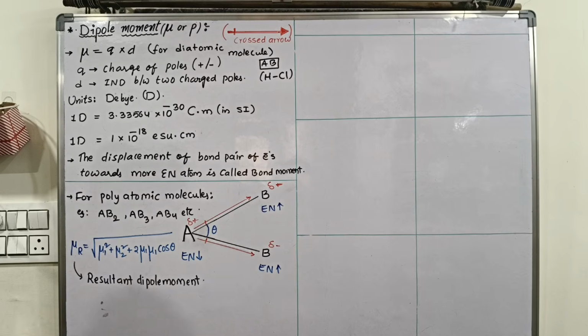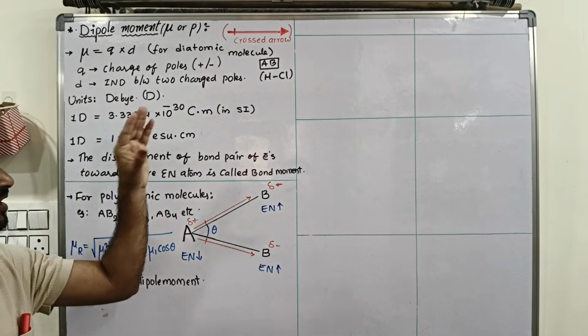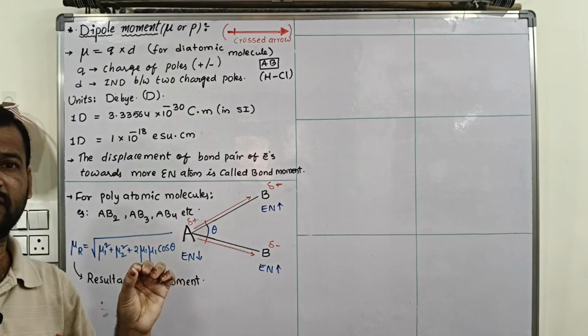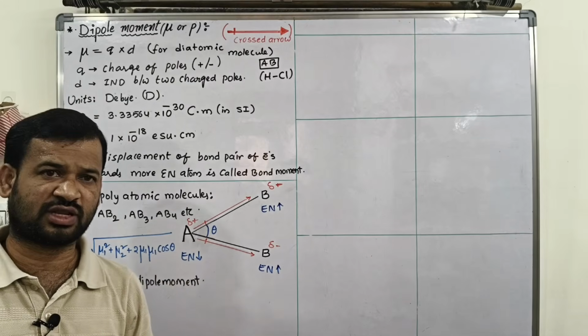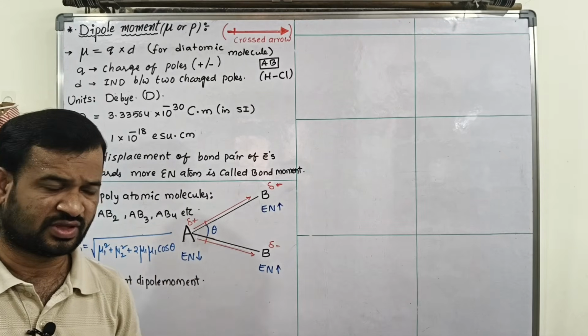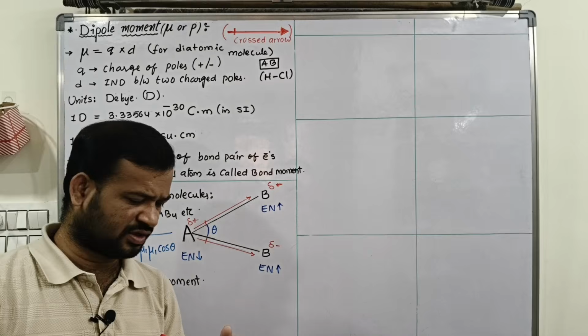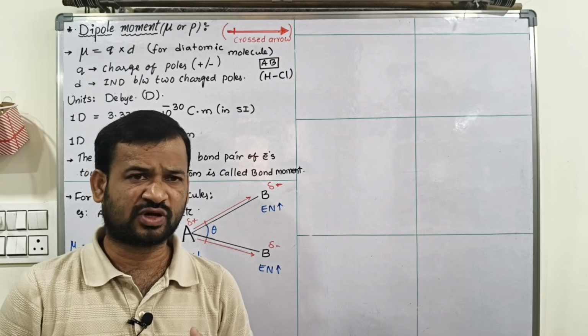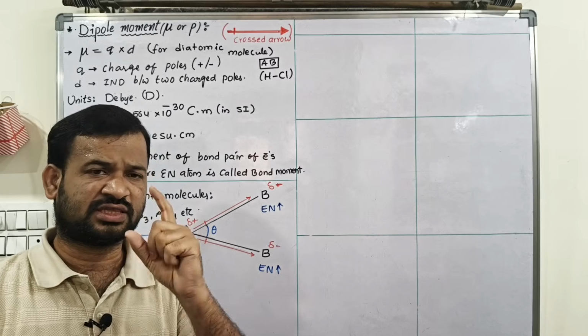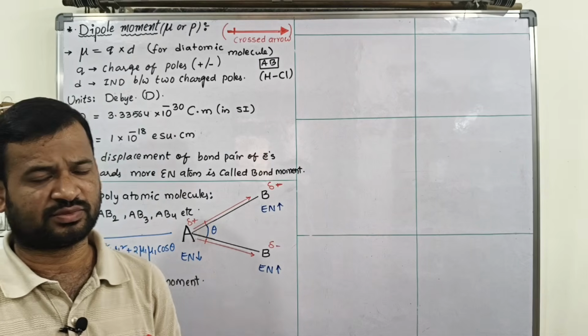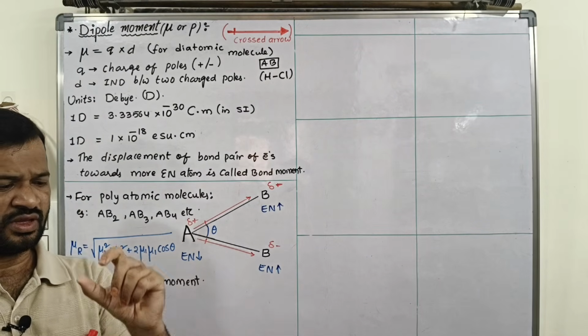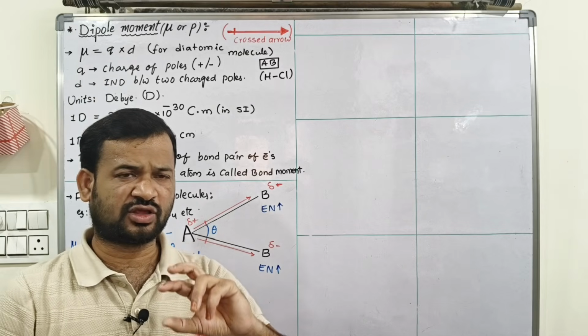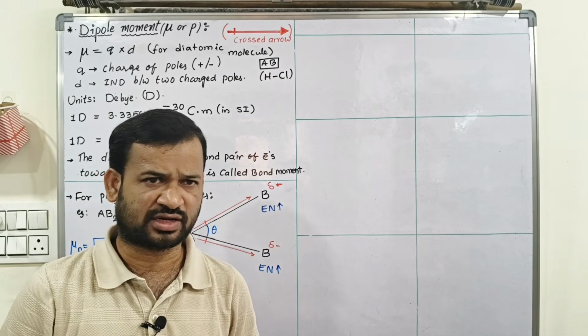Okay, here the dipole moment of the molecule mainly depends on whether the molecules are symmetrical or asymmetrical. Symmetrical means that a molecule contains the same kind of bonded atoms without lone pairs. An asymmetrical molecule contains different types of bonded atoms.